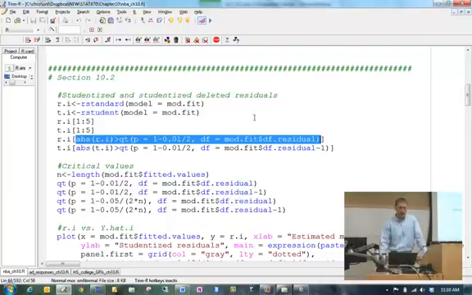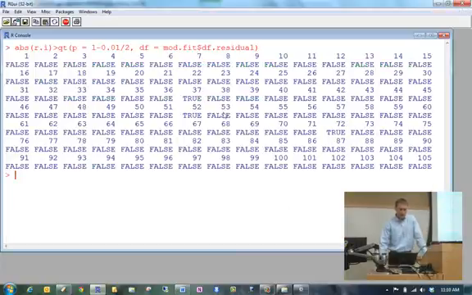Yeah, it's going to give us a whole bunch of falses and trues, and this is what we get. So it does a logical comparison. There are 105 different studentized residuals in there, and it's checking if the absolute value of each is greater than 2.6.